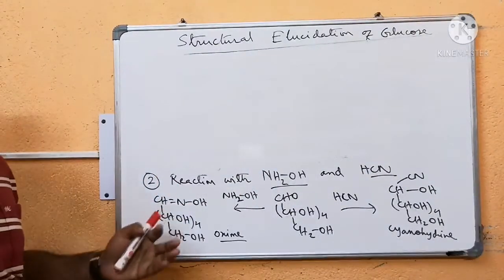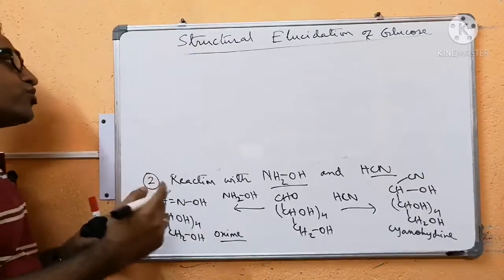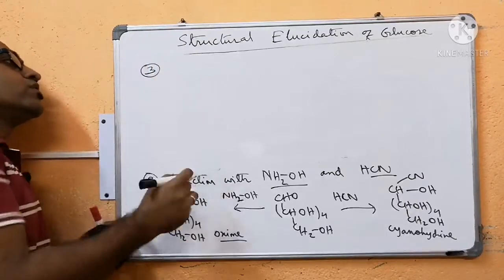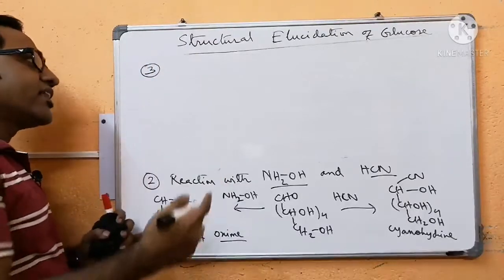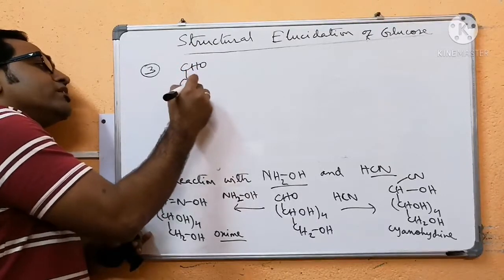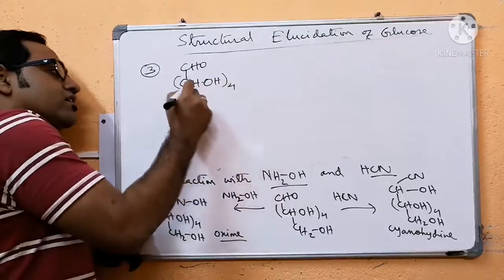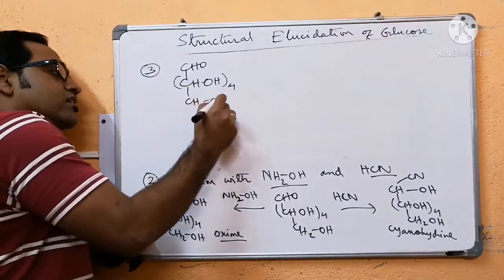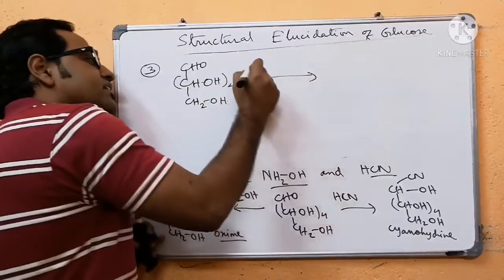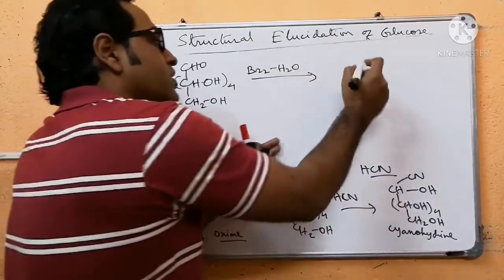Now we have to prove that the carbonyl group is an aldehyde group or a keto group. So what scientists had done at that time, they had oxidized glucose with a very mild oxidizing agent. That mild oxidizing agent is bromine water, Br2H2O.